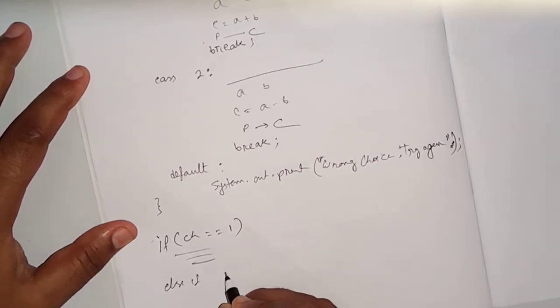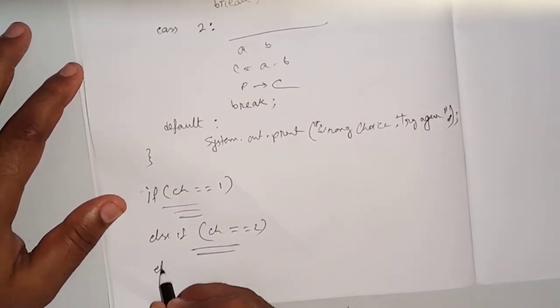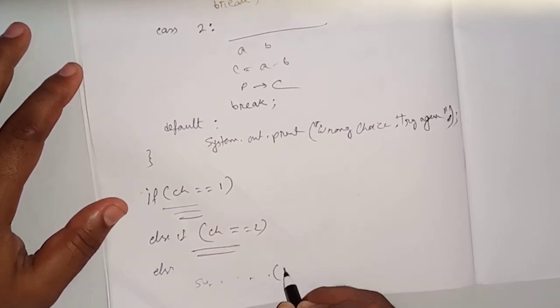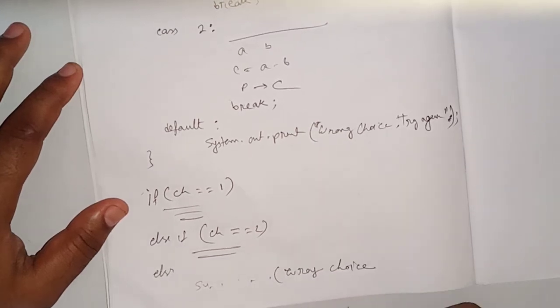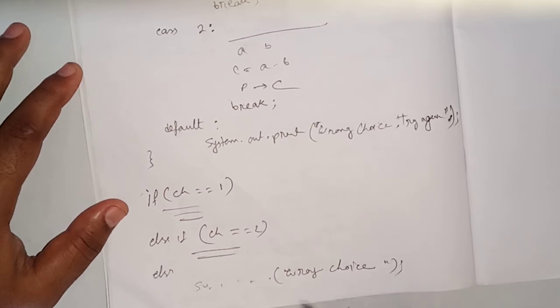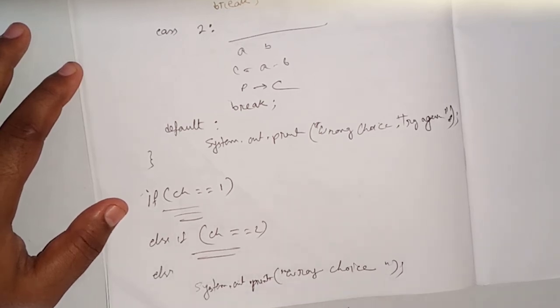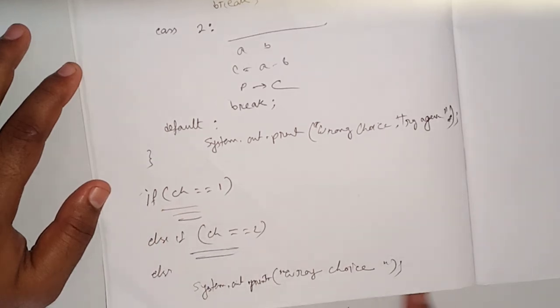Else if ch is equal to 2, your calculation. Else System.out.print wrong choice. So I'm writing the same thing with the help of the if statement, nested if.